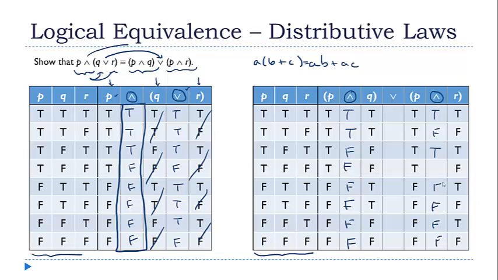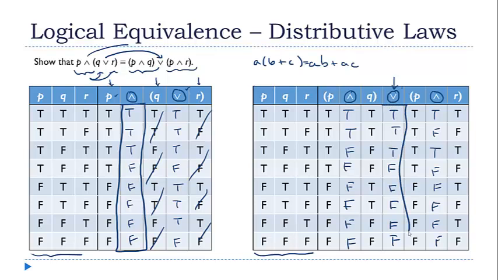Then I'm going to look at the and column, and I'm going to evaluate that using the values that I just wrote in. So, or. I'm going to look at this or column. And or is false only where both of the inputs are false. That happens here, everything from here down, really. And all of the others are true.